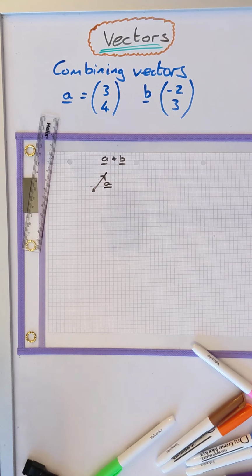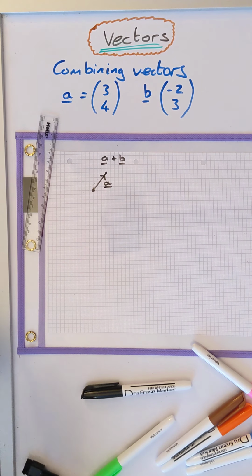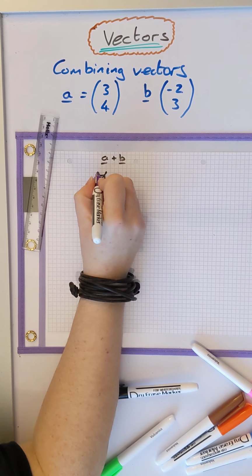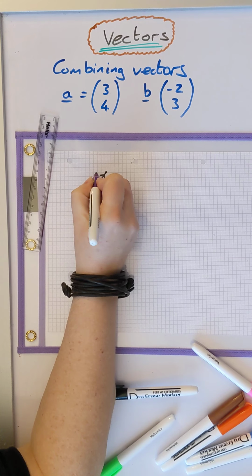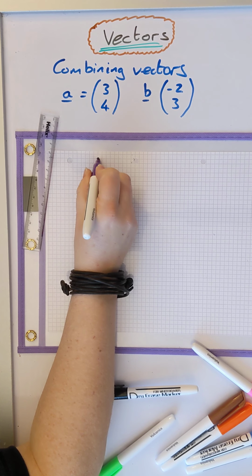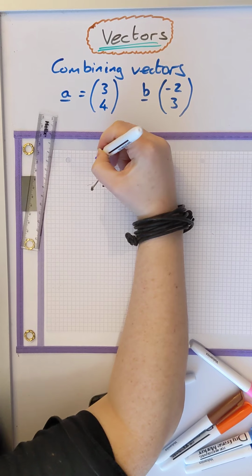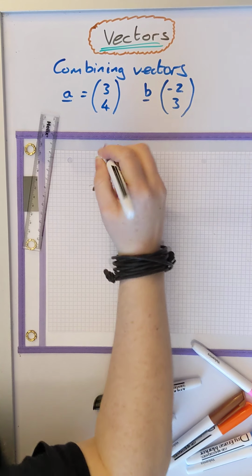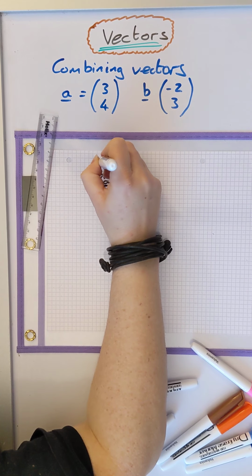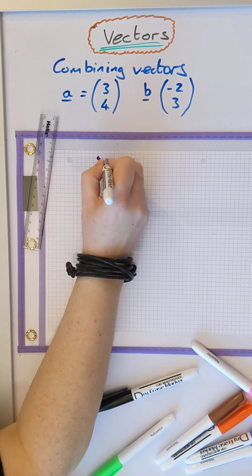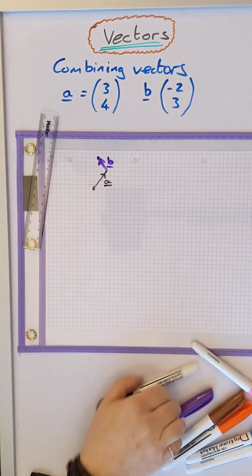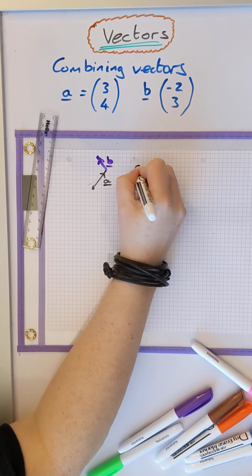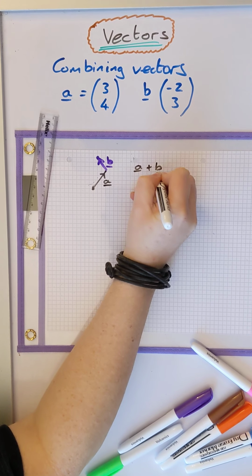I'm going to come back 2 points on the X, and I'm going to go up 3 on the Y. I have not drawn this in a good place at all. So 2, 1, 2, 3, there we go. And join them together. And that is vector B. So what I have here is A plus B.